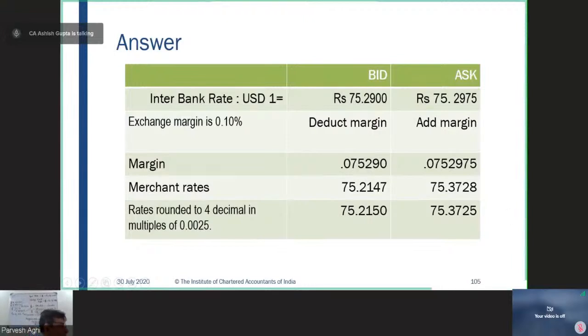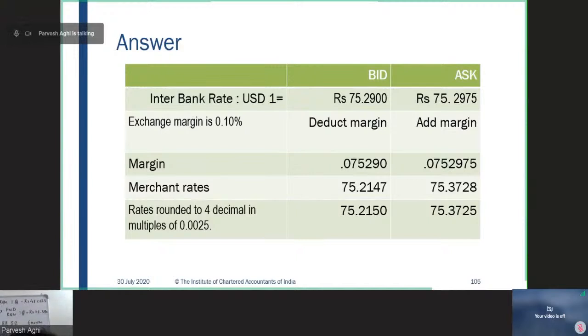So if you just see the screen, in this question, we are asked to round off in the multiples of 0.0025. If you see the merchant rate, which has been calculated as 75.2147. Okay. So I have to round off in the multiples of 0.0025. So it will be 75.2150.